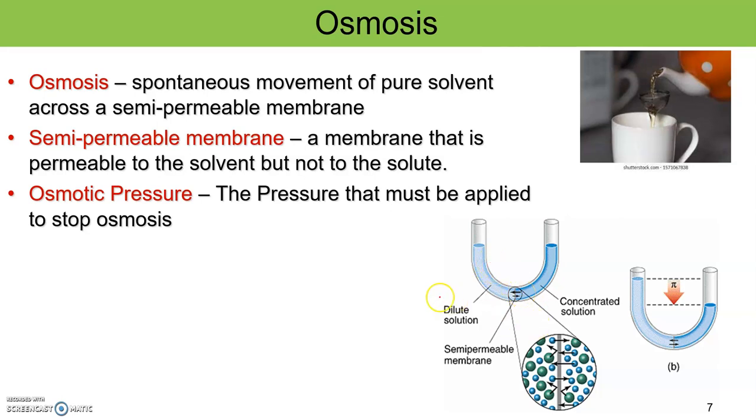It is because the membrane is like a seal with pores, so only molecules smaller than the pore can pass through, while molecules bigger than that will be retained. The osmotic pressure is the pressure that must be applied to stop osmosis.